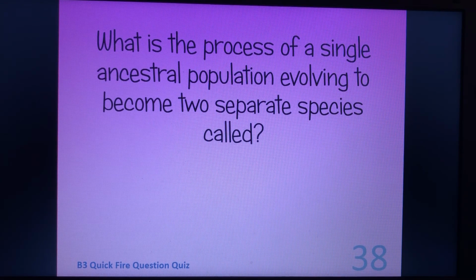This is our classic 6 marker, where they are one ancestral population, they get split geographically, natural selection occurs and they adapt to those environments, and then they join together again and they can't reproduce to make fertile offspring, and we say they become separate species. What's that process called? And the answer is speciation.